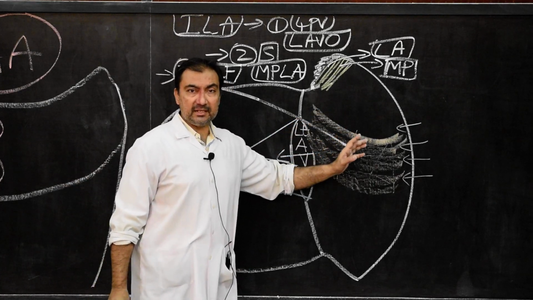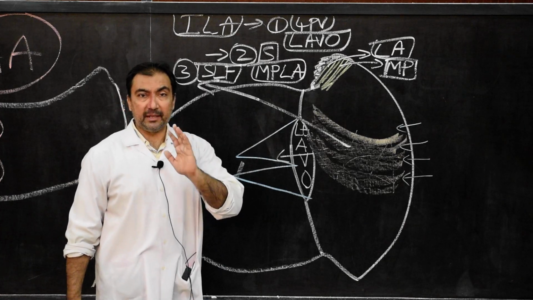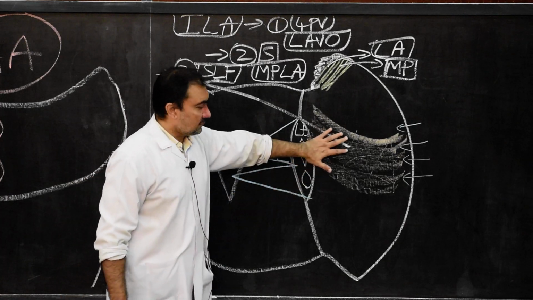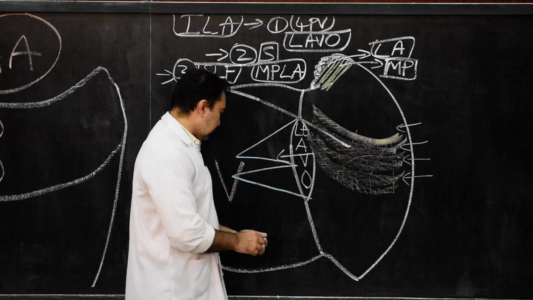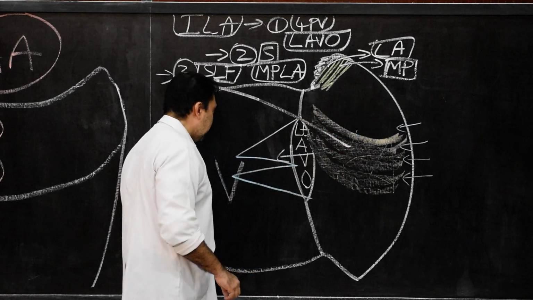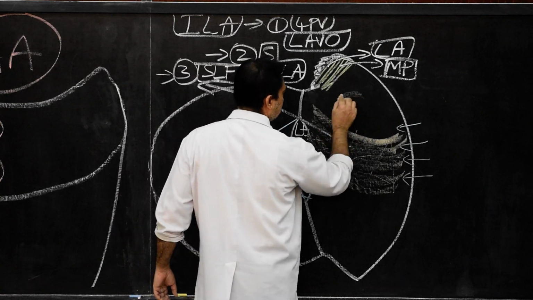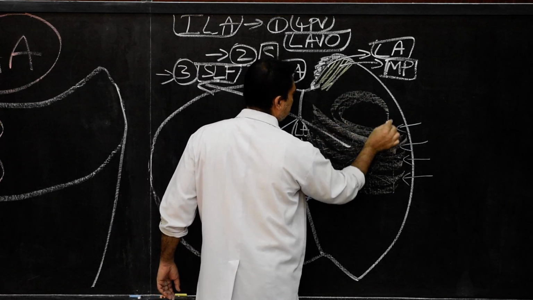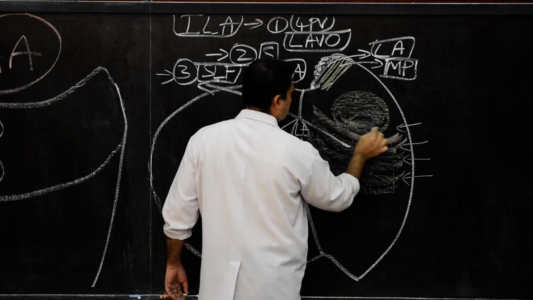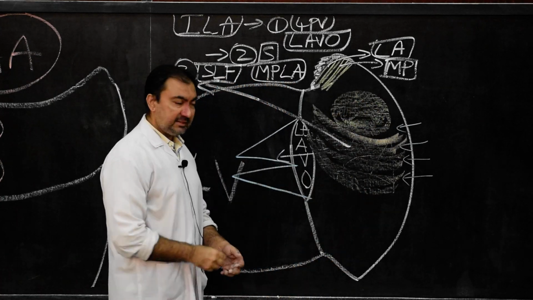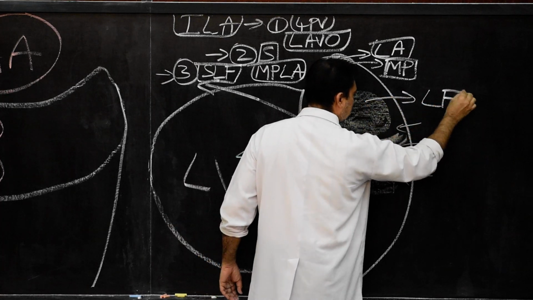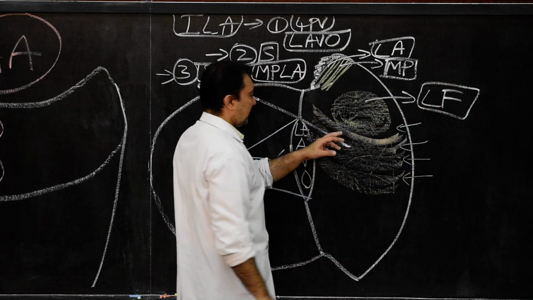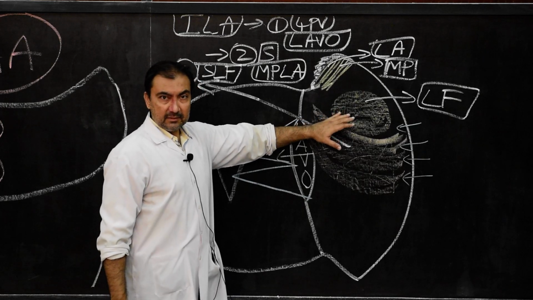It is an embryological derivative of septum primum, this structure. Above this semilunar fold, there is a lunate shaped fossa. So above this there will be a lunate fossa, the name given will be lunate fossa or lunate shaped fossa above the semilunar fold.